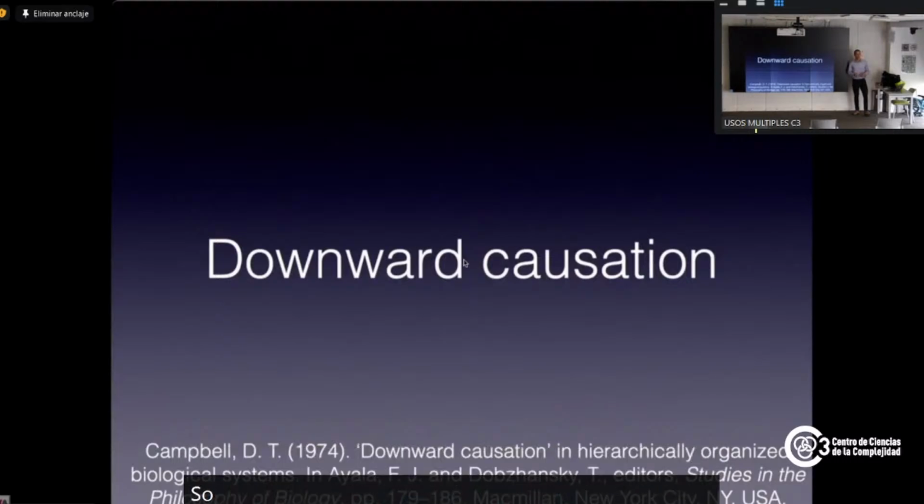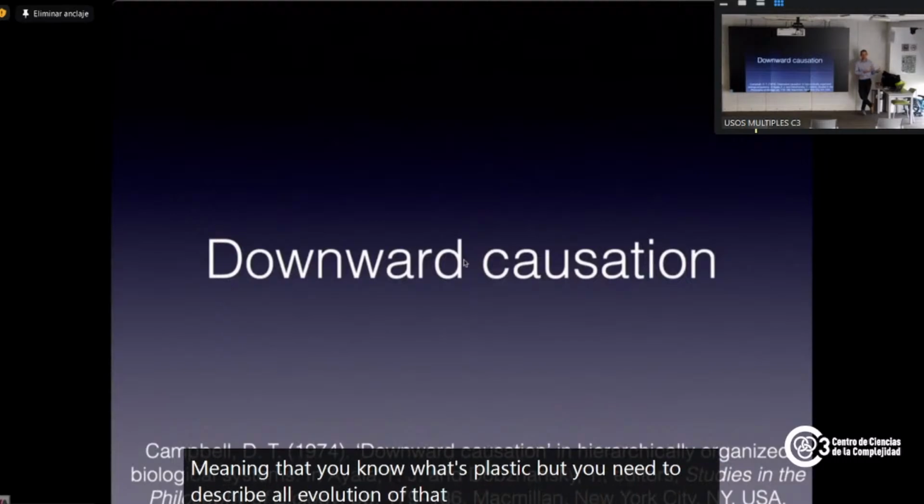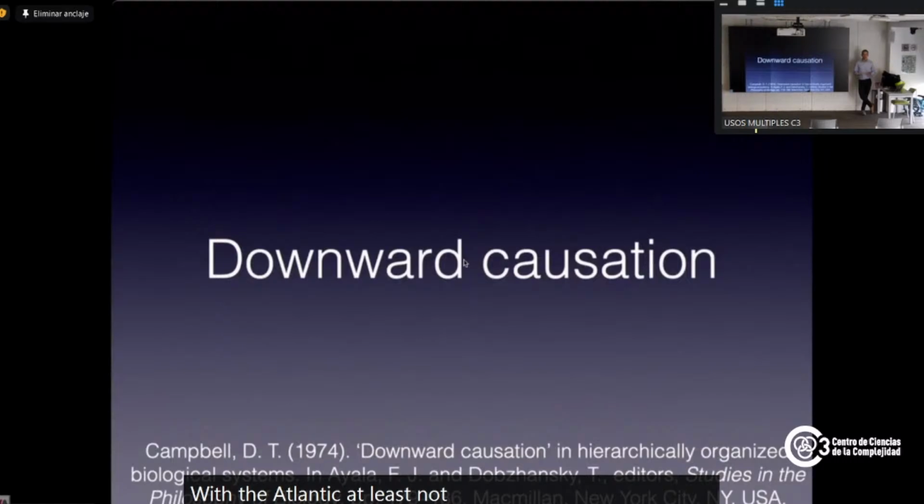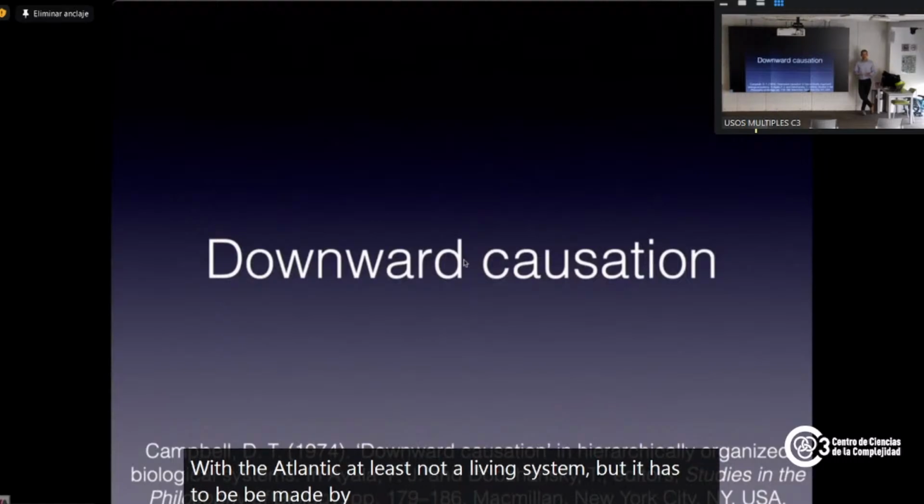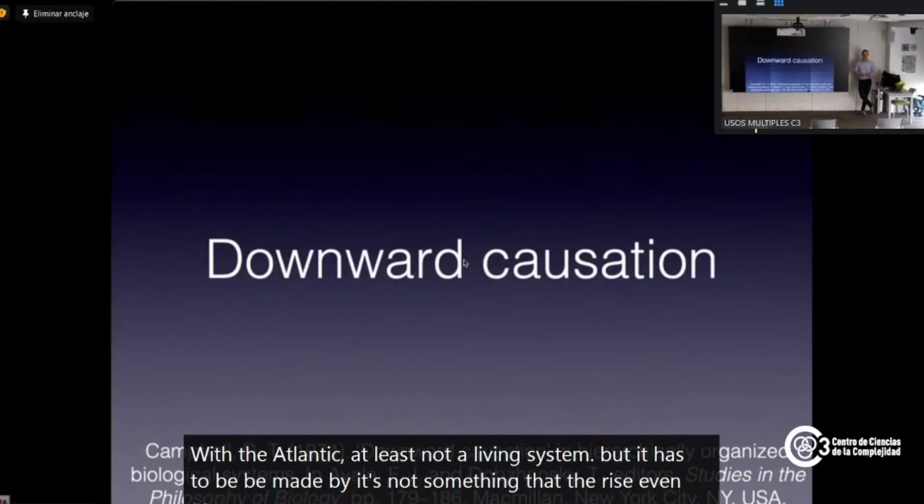They give the example of a plastic bottle, meaning that in order to describe what a plastic bottle is, you need to describe all the evolution of life. It's not a living system, but it has to be made by living systems. It's not something that could arise without a civilization.